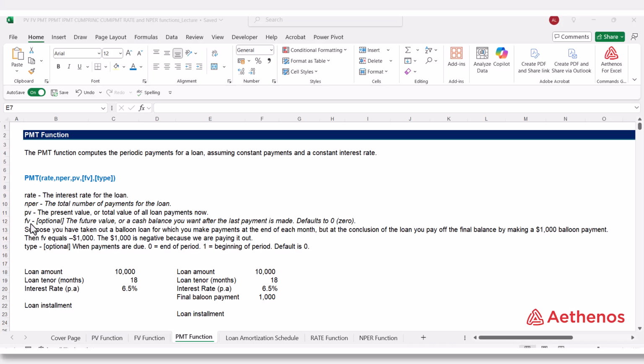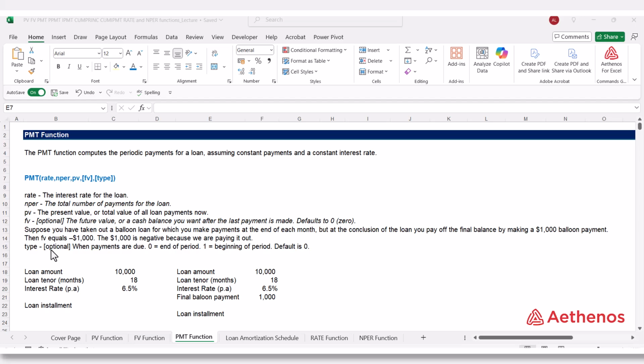Then we have future value, which is optional. It is the cash balance after your last payment is made. So this defaults to 0. If you do a balloon loan where you have a final payment, let's say $1,000, then the future value is minus 1,000 because we are paying that 1,000 at the end of the period. And it's negative because it's a cash outflow.